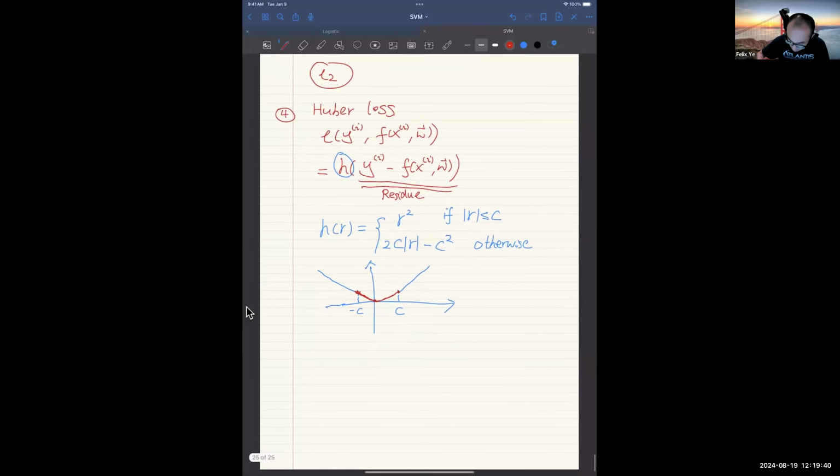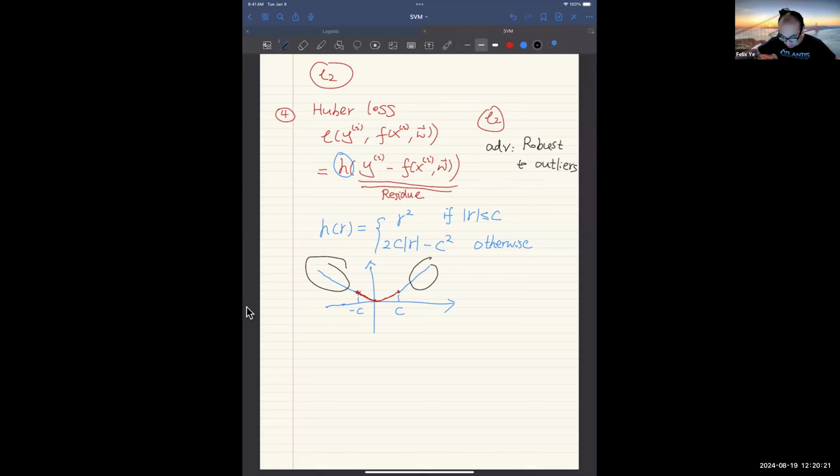And also you can use L2 regularization if you need it. But the advantage of using this Huber loss is that it will be very robust to outliers. Because this is a mixture of the quadratic and the linear, it will be quite insensitive for those residues beyond minus c to c. We are not going to square them out.